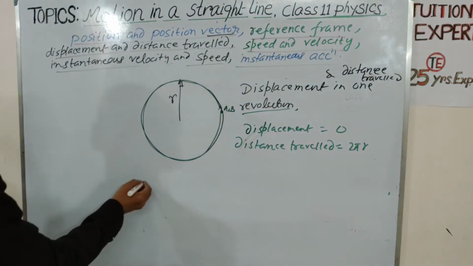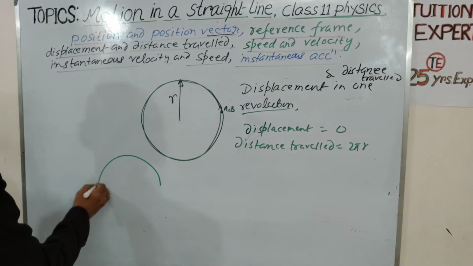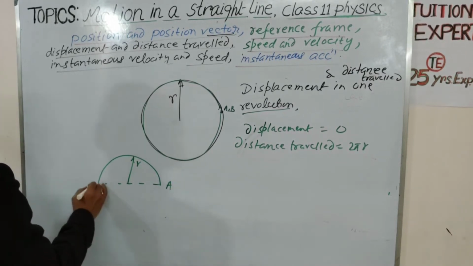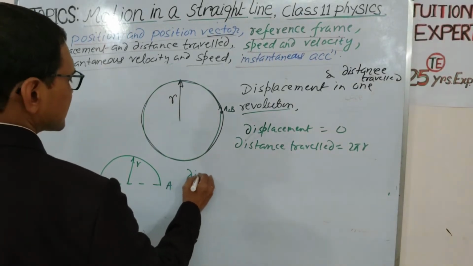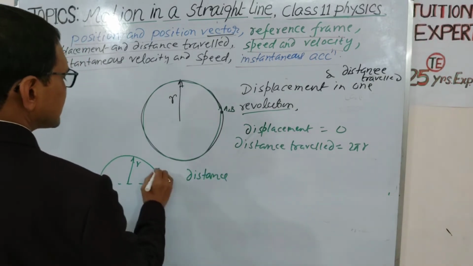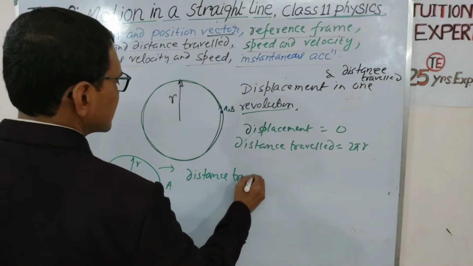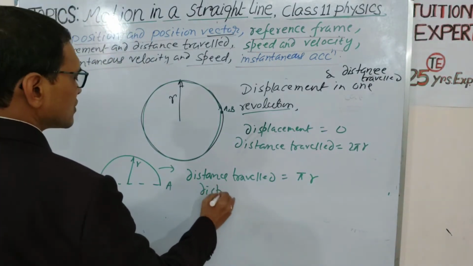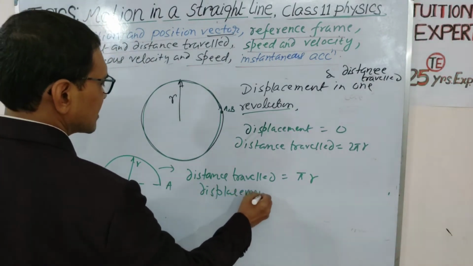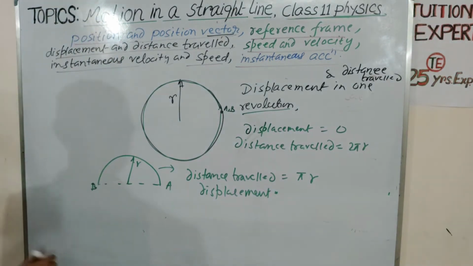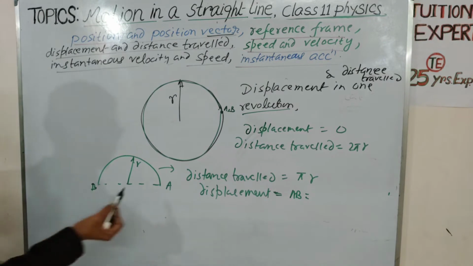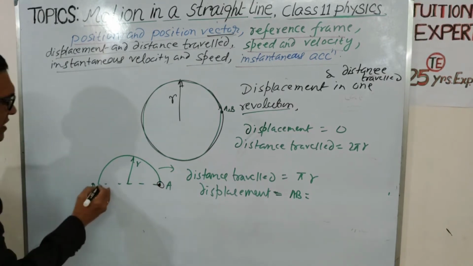If a particle revolves along a semicircular path, from A to B, then the distance traveled is equal to pi r, and the displacement is equal to AB, the shortest distance between A and B. This is the initial point, this is the final point.